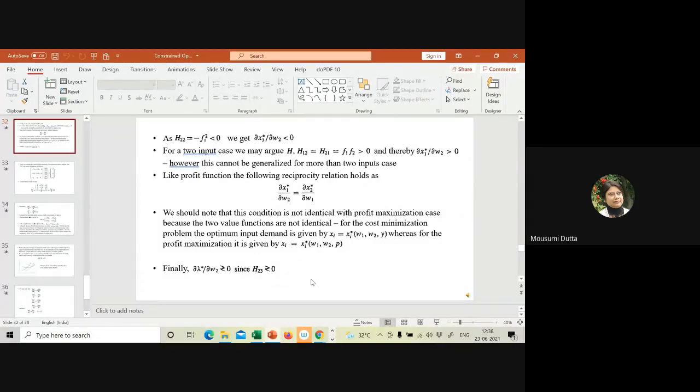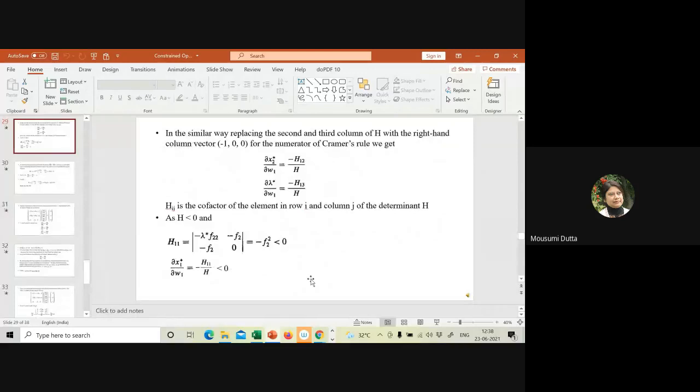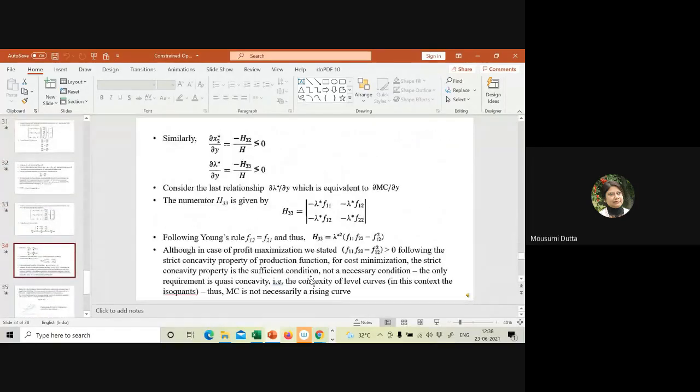In profit maximization, that is a different unconstrained optimization technique, and there the parameters are w1, w2 and p. Please keep all these points in mind while finding these derivatives and analyzing these things.